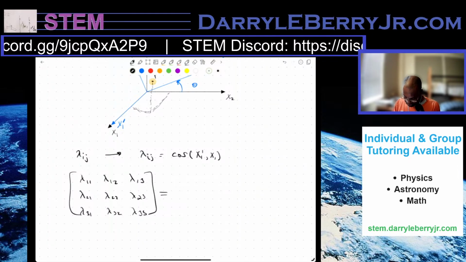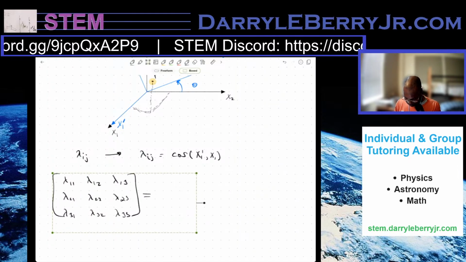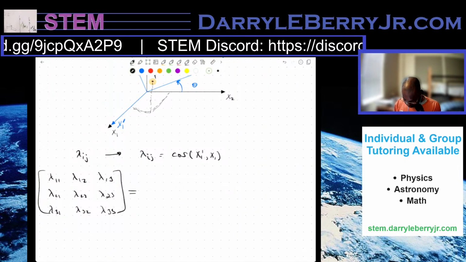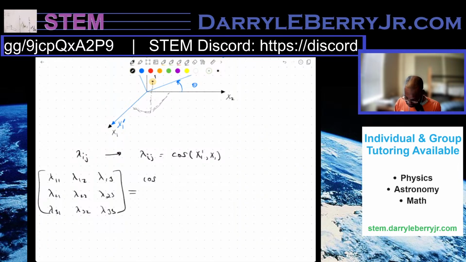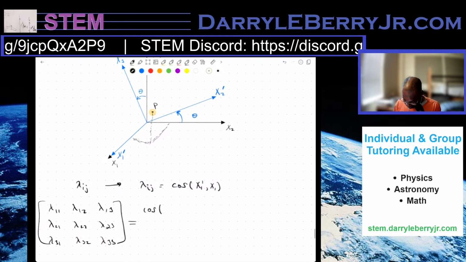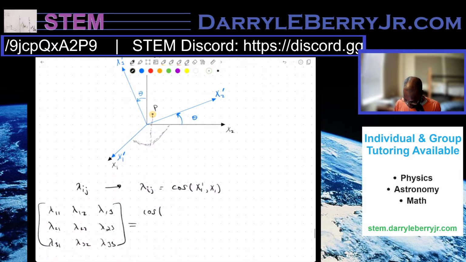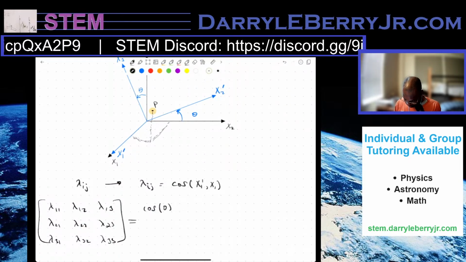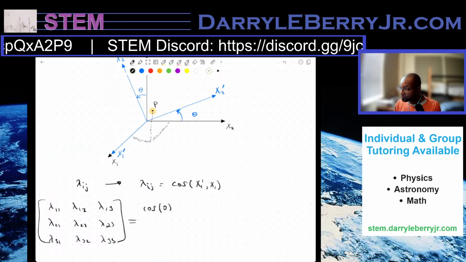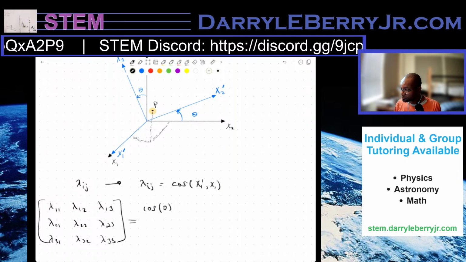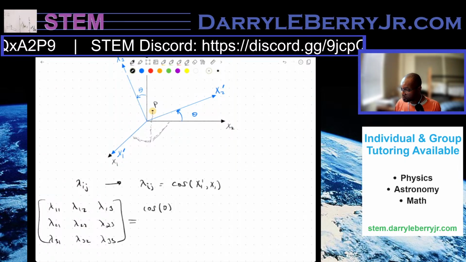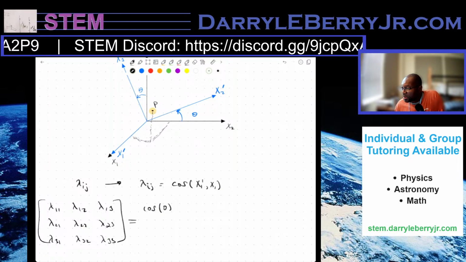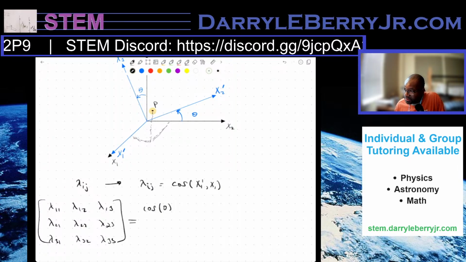So that's going to be cosine of the angle between x1 prime and x1, so that's 0. And I remember there was no leading number.